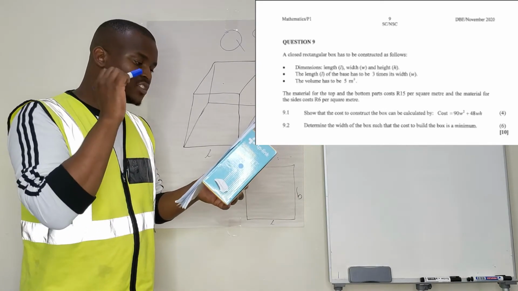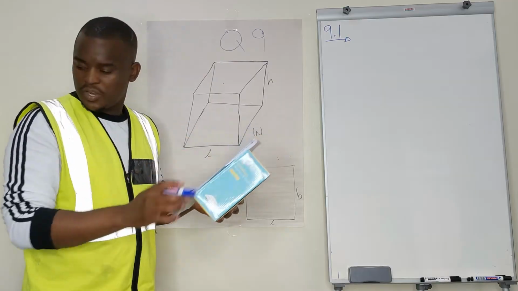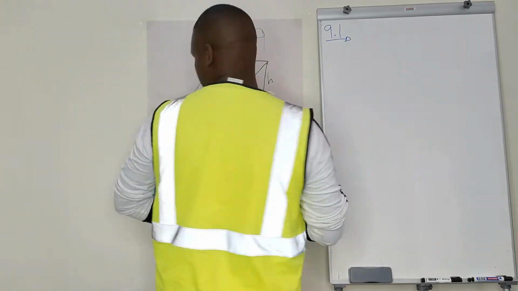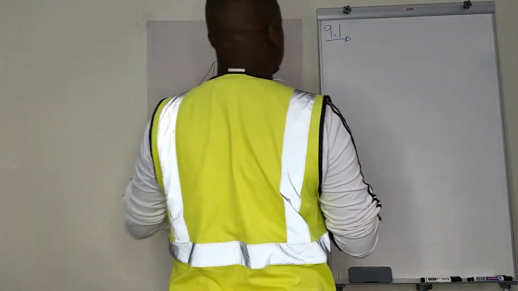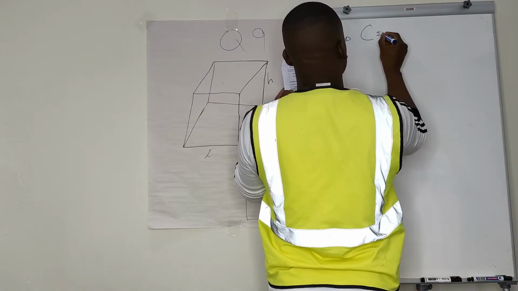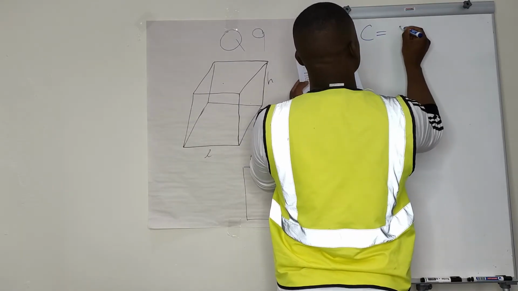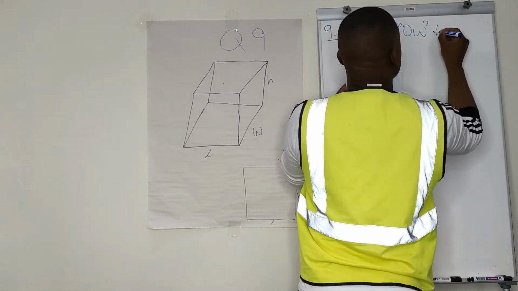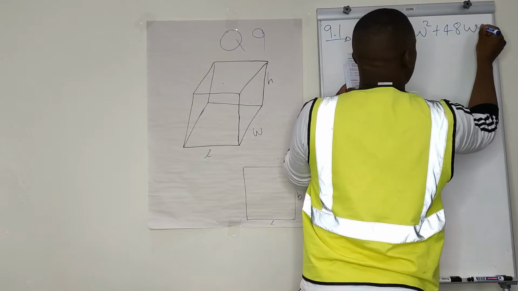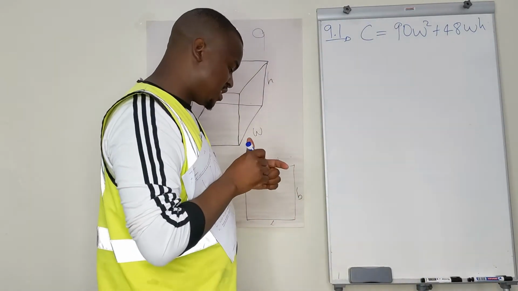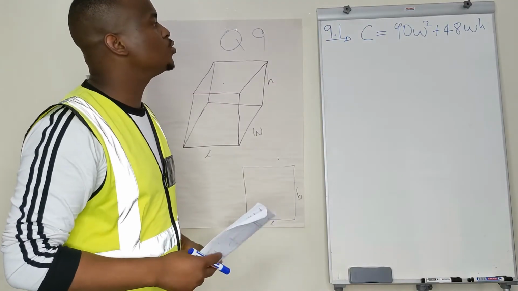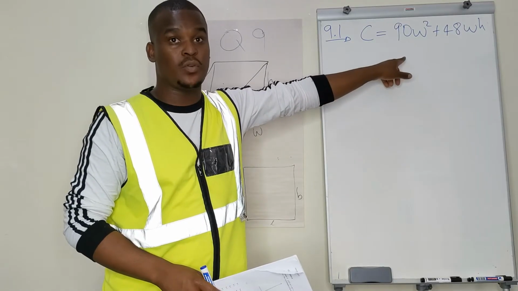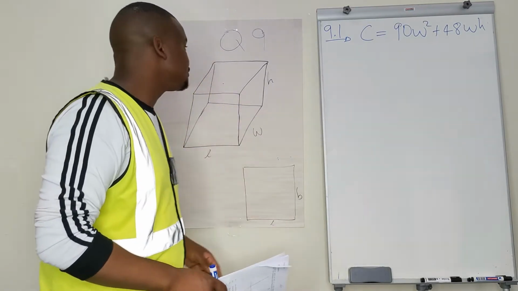Show that the cost to construct the box can be calculated by this equation: 90 plus 48 with height. They're asking you to show that the cost to construct this box can be calculated by that equation, right?